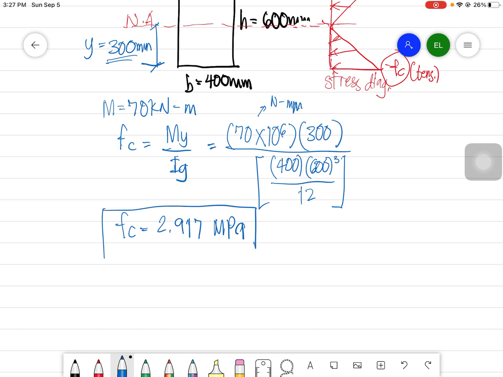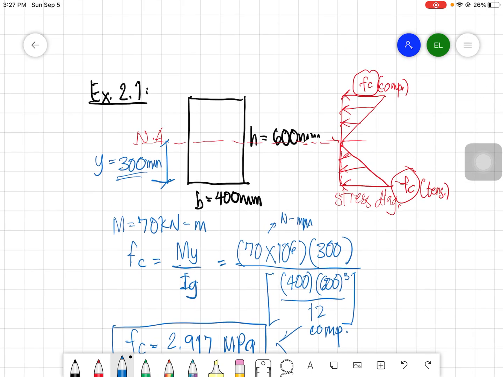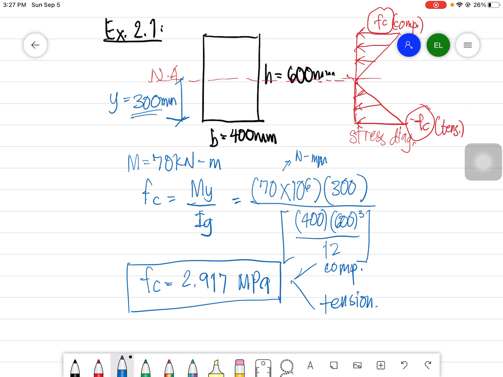So this will be our answer. This is FC for both compression and tension. So that is for letter A.